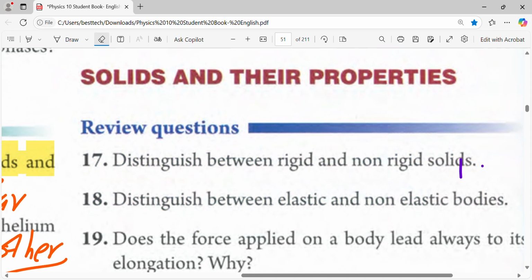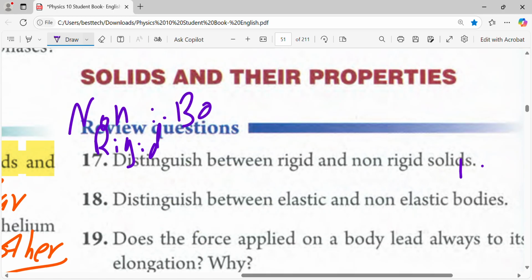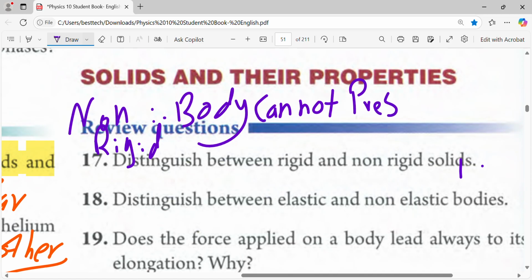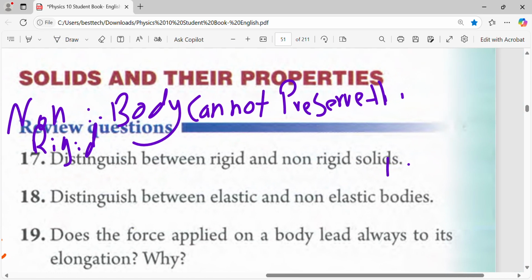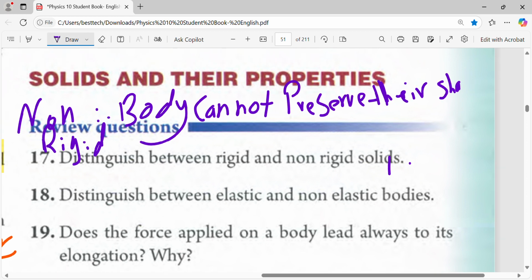A non-rigid body cannot preserve its shape.